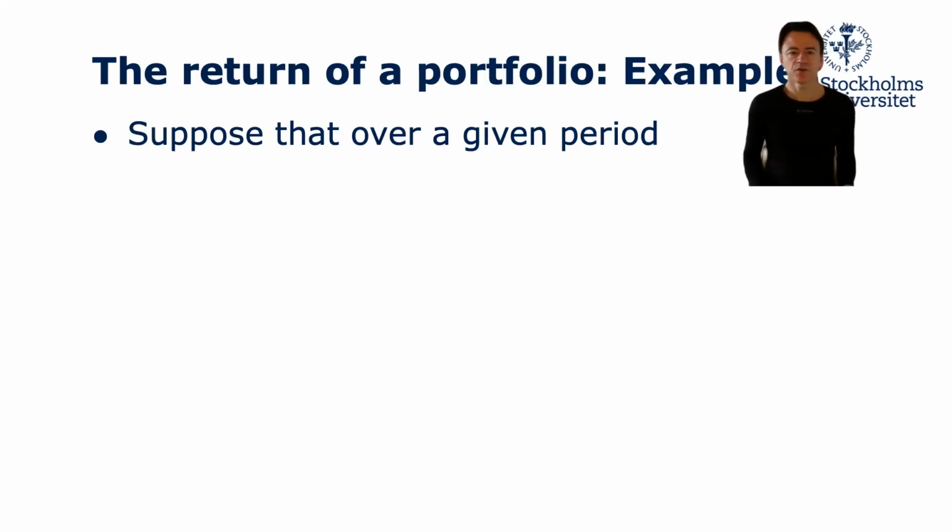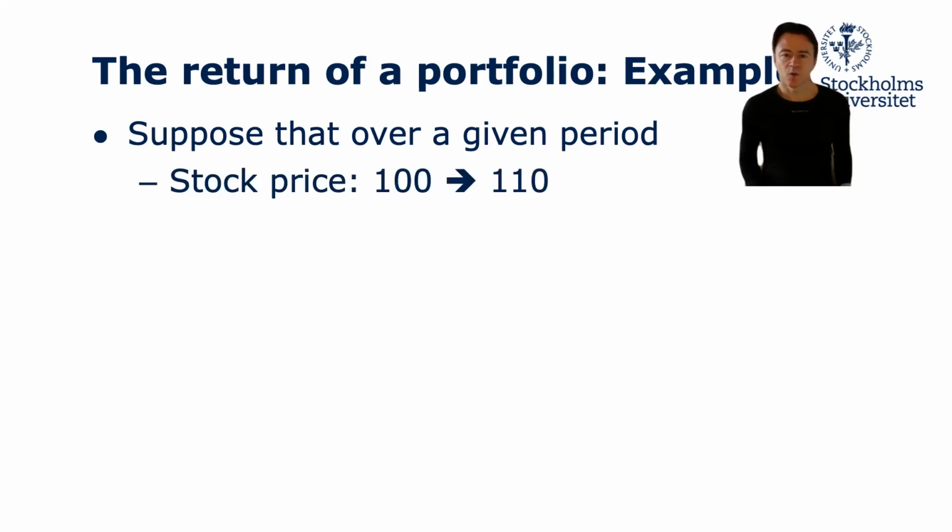Let's see how we compute the return of our portfolio. Suppose that over a period of, say, 1 year, the price of the 3 assets we have in our portfolio evolve in the following way. The stock price goes from 100 at the beginning of the year to 110 at the end of the year. And to make things simple, let's suppose that it pays no dividends.